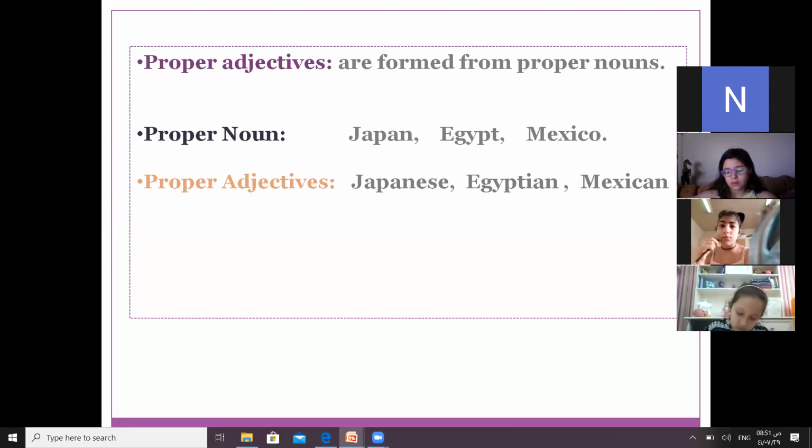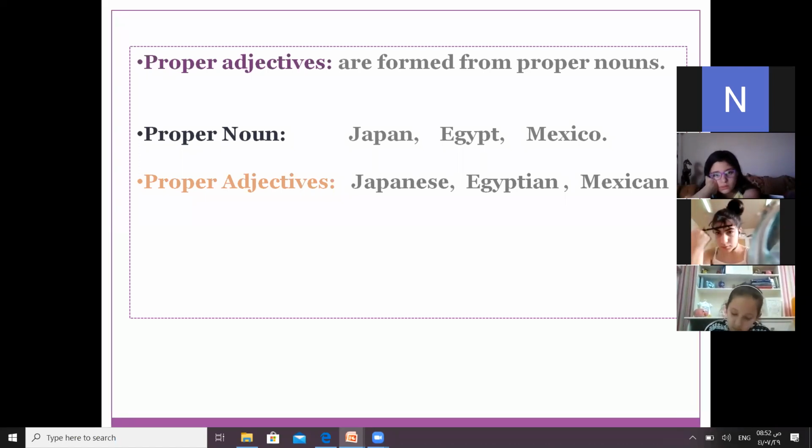Common, when we are mentioning a name of something like school, we are not mentioning which school. So this is a common noun. School, chocolate, country. I'm not mentioning the name of something exactly, which kind of chocolate or which school. So this is a common noun.